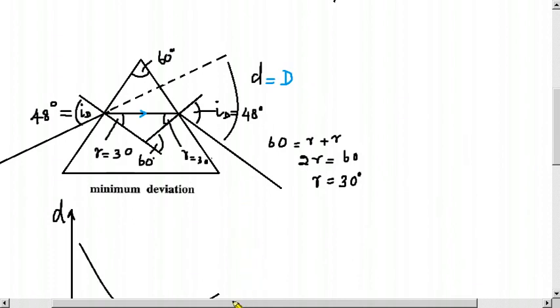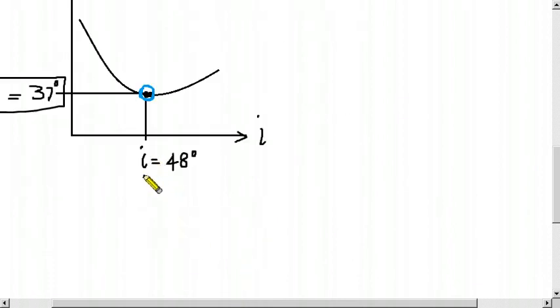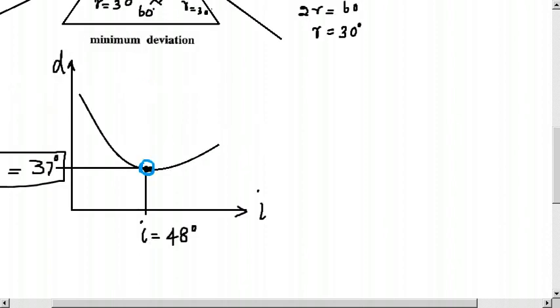I was trying to explain this value, so that is 48. So this one is 37. So there are a lot of other d values for this prism. Other d values means these points, we have to discuss these points even.